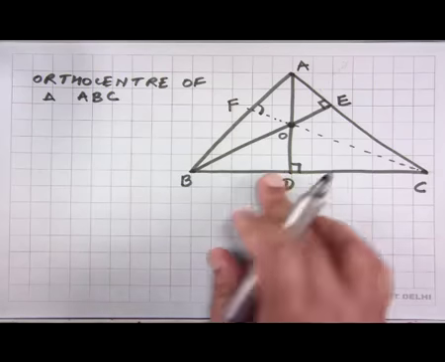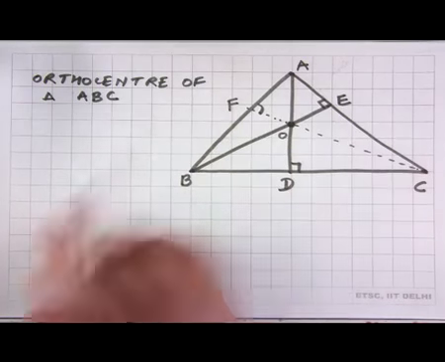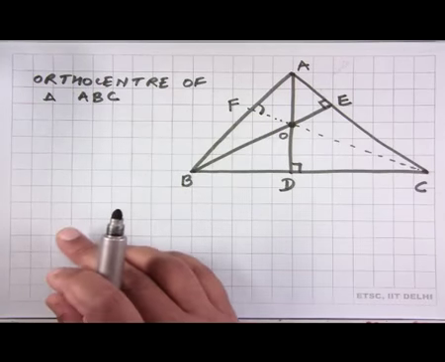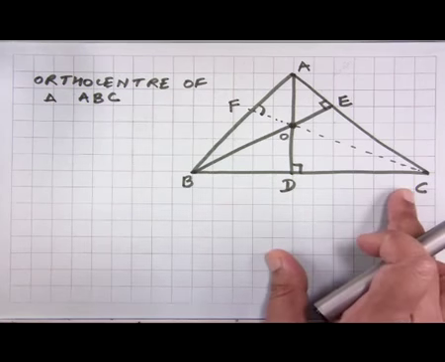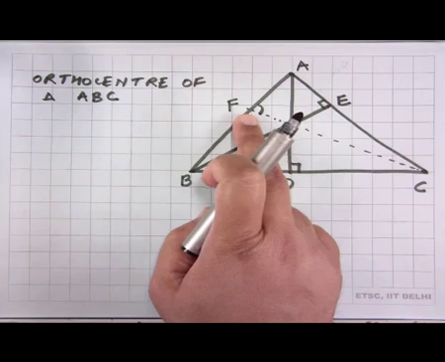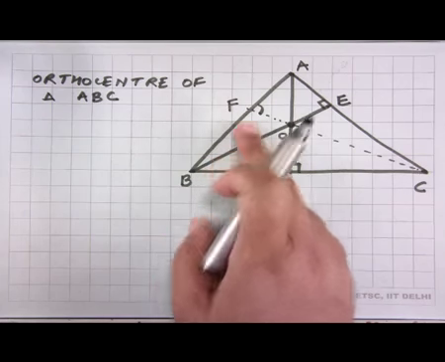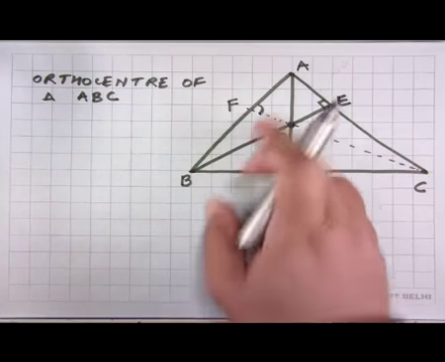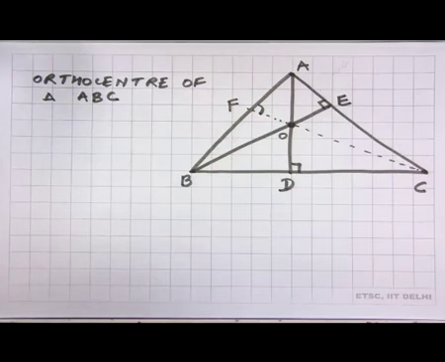But then for this triangle ABC, we will have to prove that this straight line CO when produced to F is such that the angle AFC is 90 degrees.